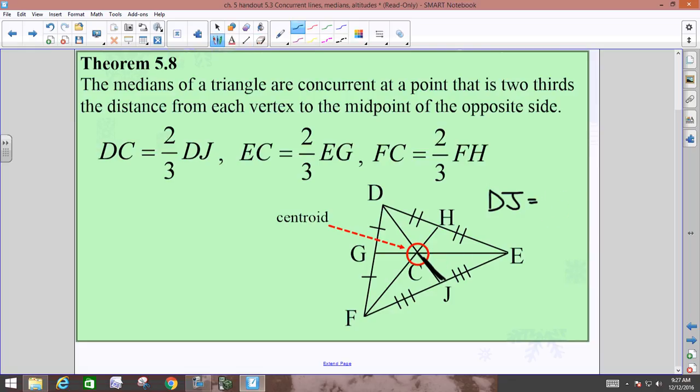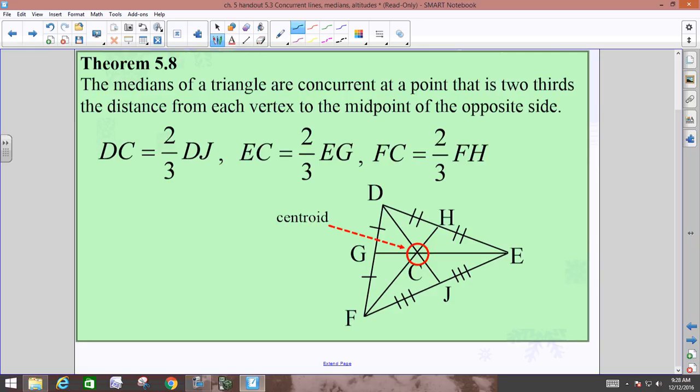If I said the length of DJ was 30, then CJ would be how long? 10. Because this is 1/3 of the whole line. If the whole line is 30, divide that by 3, this would be 10. Therefore, CD would have to be 20, because they have to give you a total of 30.